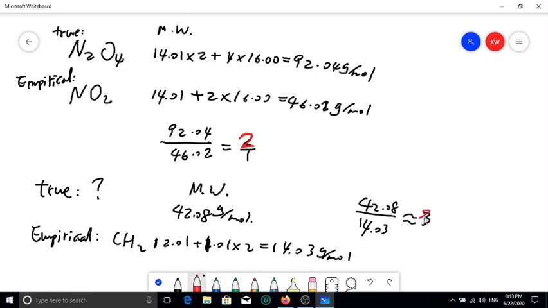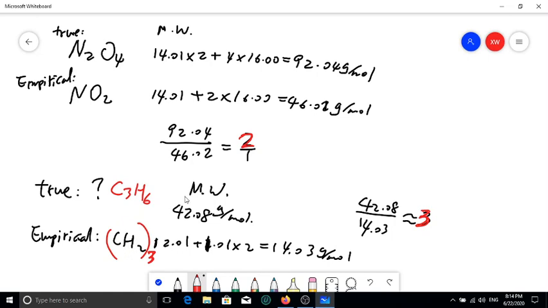So this number shows that the true formula is actually going to be 3 times the empirical formula. Of course, we can write this as C3H6. So this is a very convenient way of finding out the true formula from the empirical formula.